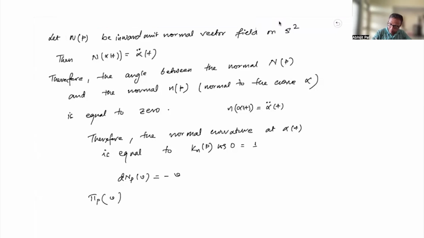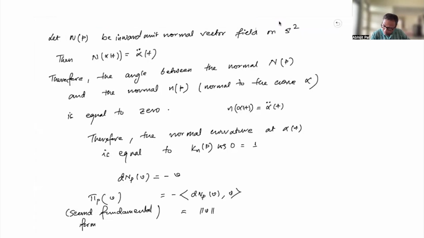So pi PB, the second fundamental form, will be equal to minus inner product of dNP B with B, which is equal to norm of B square.